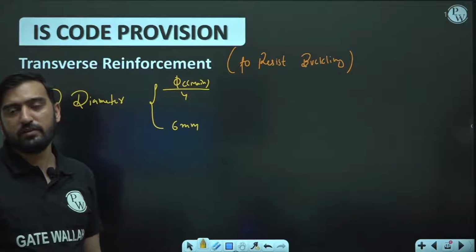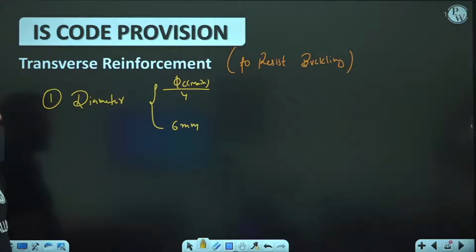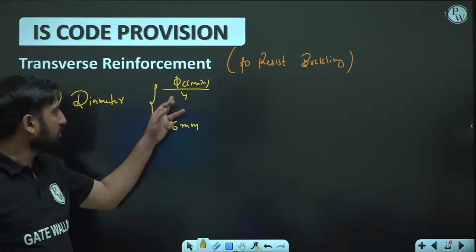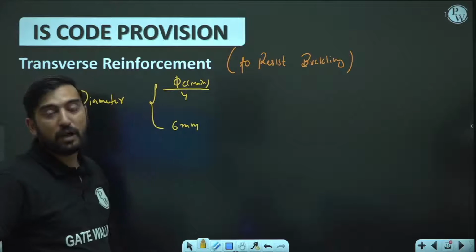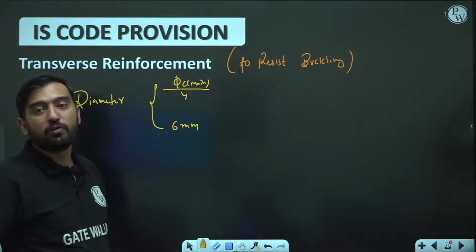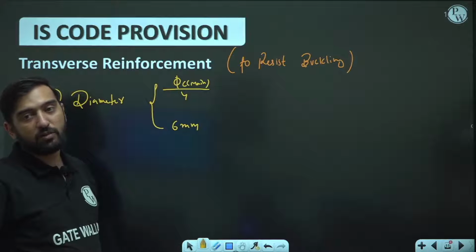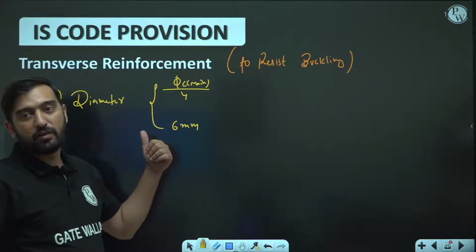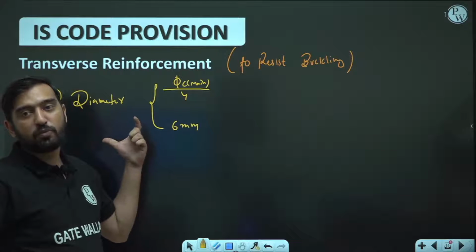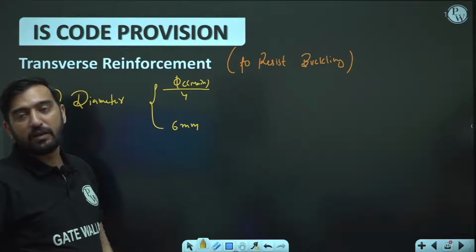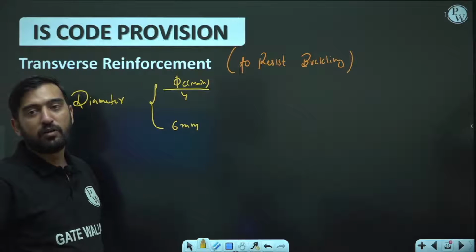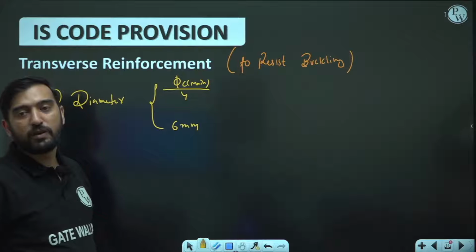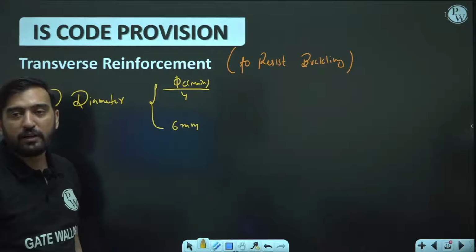But sometimes in a question there are two longitudinal diameters. In that case, I recommend going for the higher one, because our task is to provide bigger diameter in order to maintain more safety. Are you getting it or not?